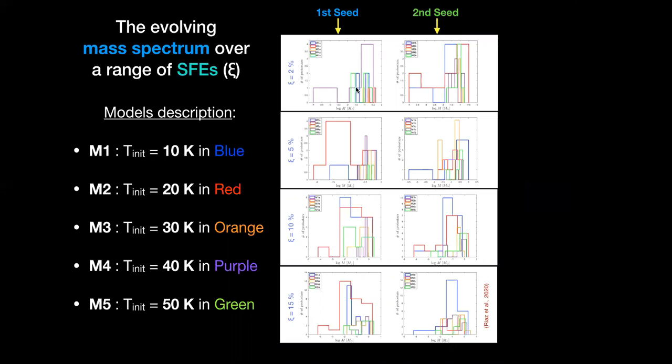We expect that the green curve should have fewer protostars and the masses should be much higher. On the x-axis you have the masses, and on the y-axis you have the number of protostars. At 2% star formation efficiency, we find that the expected trend is actually not there. The masses are all over the place.